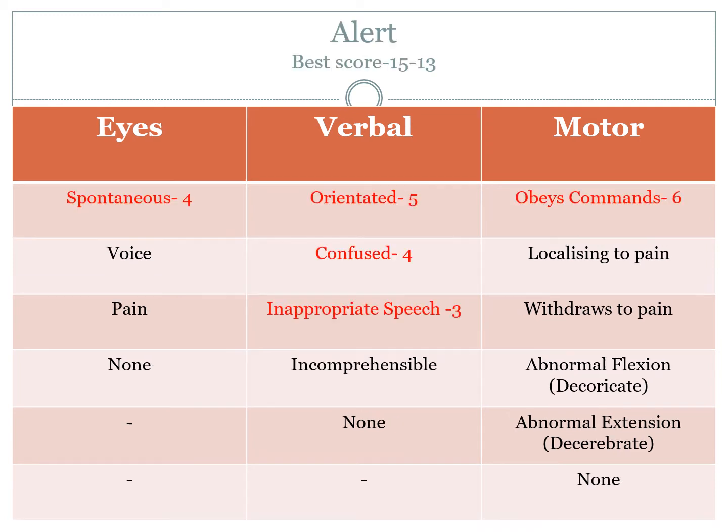So next we're going to go through the relationship and how GCS correlates with those AVPU scores, because a lot of people that I talk to have a pretty good grasp on AVPU, and it's just the GCS that gets a little bit confusing. Okay, so as promised, if we look at our alert status, patients that are alert are essentially said to have a GCS of 15 to 13.